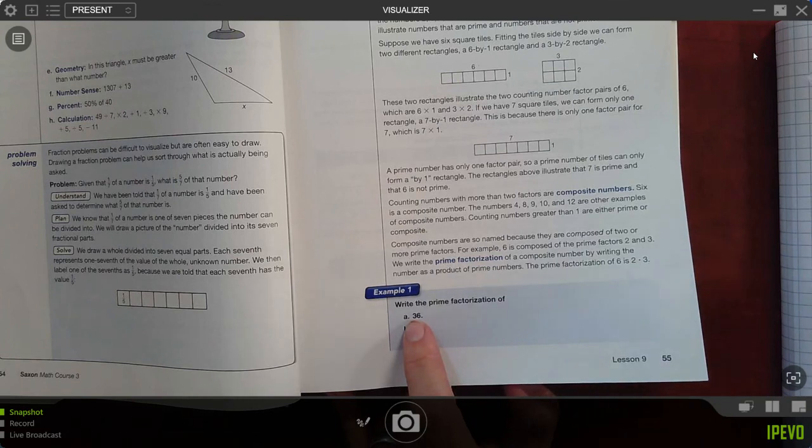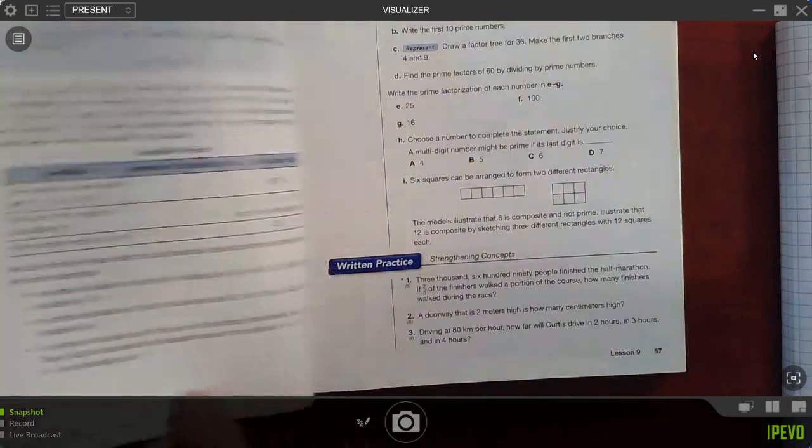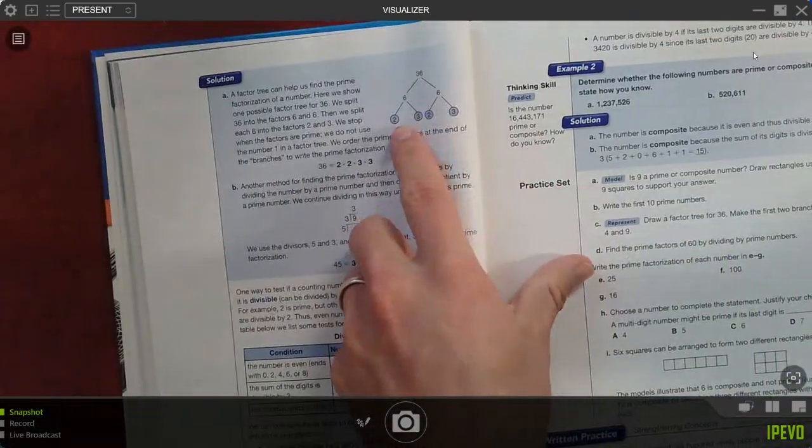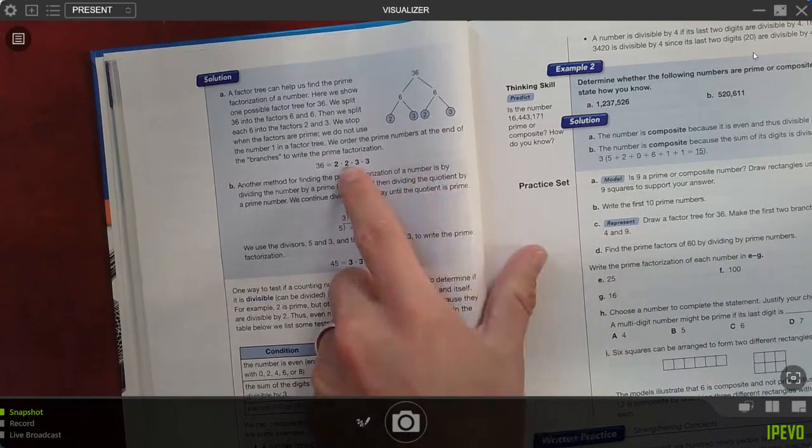This becomes important when we're talking about breaking down square roots or other things like that, okay? Prime factorization of 36, you can break that into 2, 3, 2, and 3. Okay.